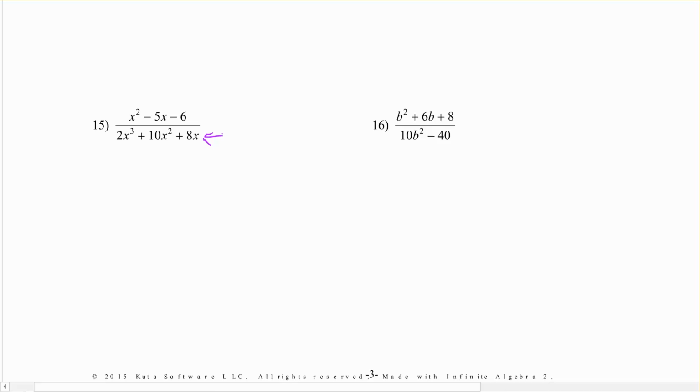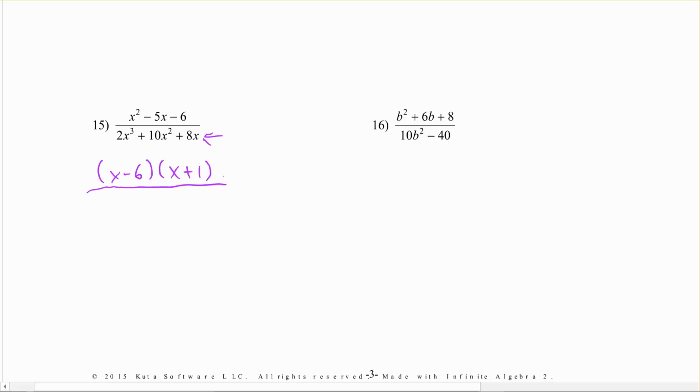What's going to be a lot easier is if we factor everything. That's going to be an ongoing thing, that we're going to factor the top and the bottom of both. Hopefully you like factoring. So let's go ahead and just factor the top and the bottom. This might make a bit more sense. So if we factor the top, that's going to be x minus 6, x plus 1. I'll let you guys go ahead and see if you can figure out how I did that.